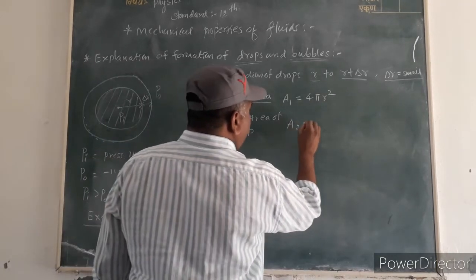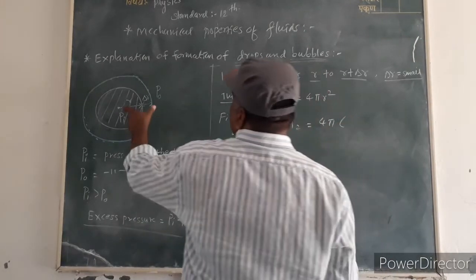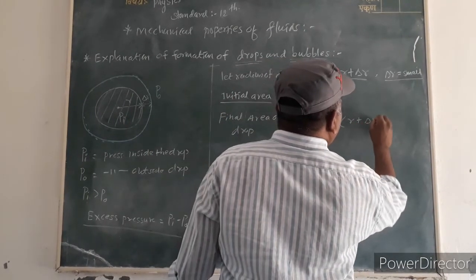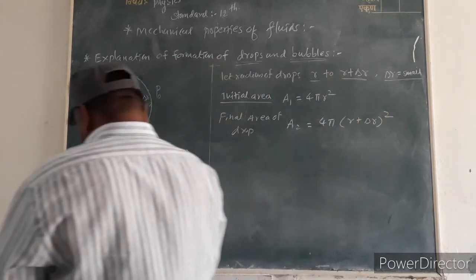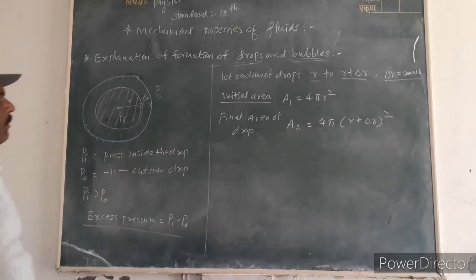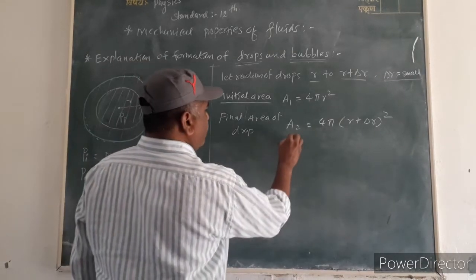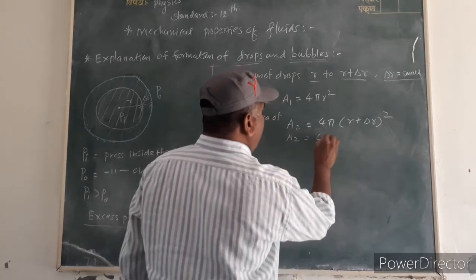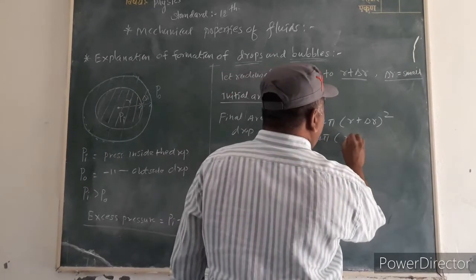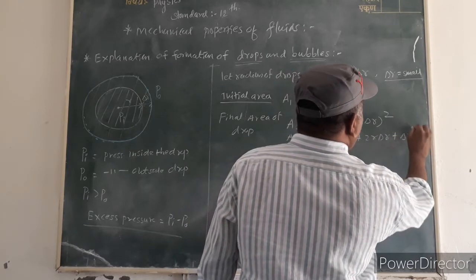say A2, is equal to 4 pi into the increased radius R plus delta R. That is, the total area is 4 pi into bracket R plus delta R square. Therefore, increasing area: 4 pi R square plus 2 R delta R plus delta R square.